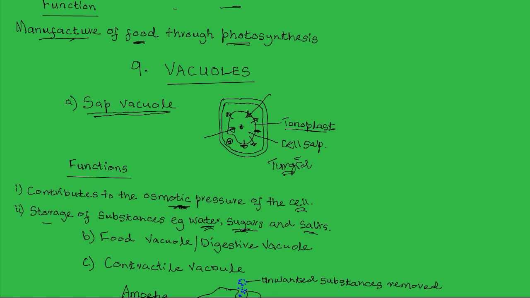Now, the second type of vacuole is the food vacuole, also known as the digestive vacuole. These are found in some unicellular organisms such as amoeba, and their function is to digest the ingested food particles.